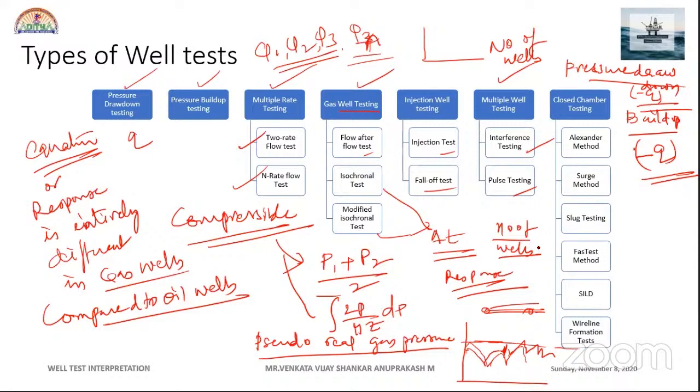In pulse testing, we produce for a certain period of time and then again close it, and this is repeated in a series of tests. That is nothing but your pulse testing. These are also there, but these are limited only to your wellbore region.